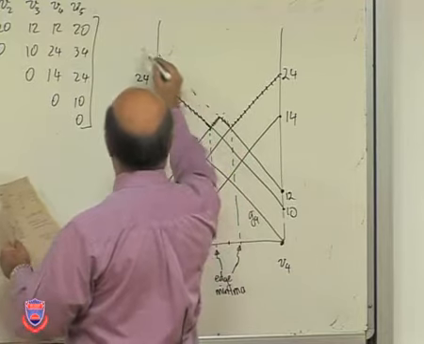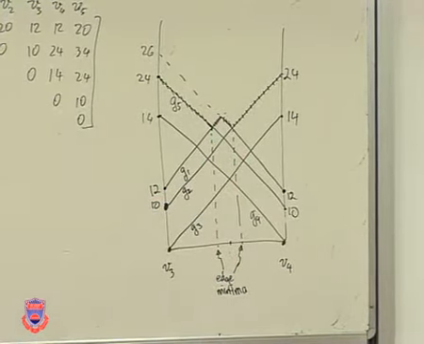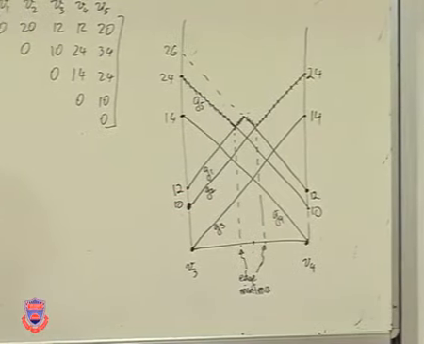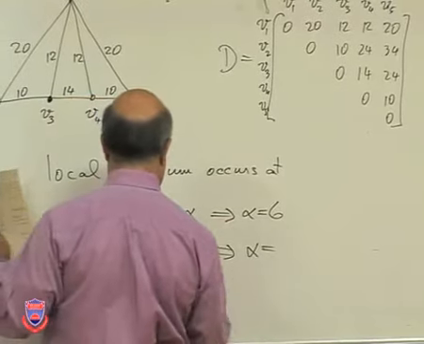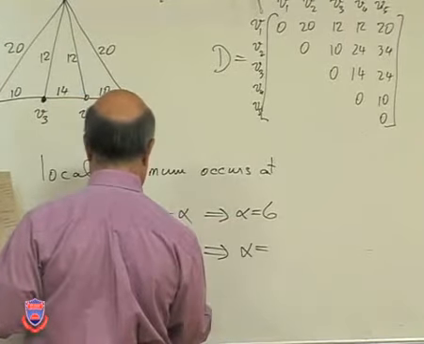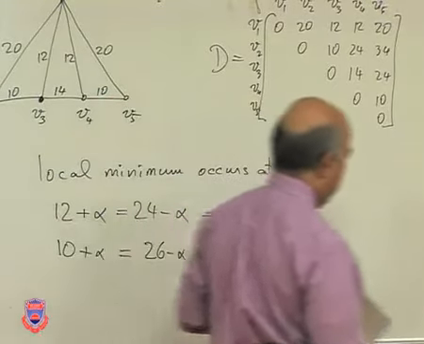Okay. Yeah, that's 26. All right. 26 minus alpha. That gives you alpha equals, how much is that? 2 alpha equals 16, so that's 8.